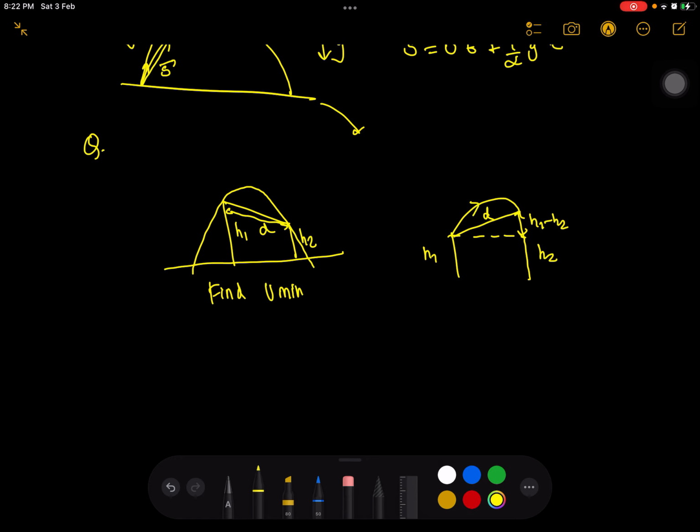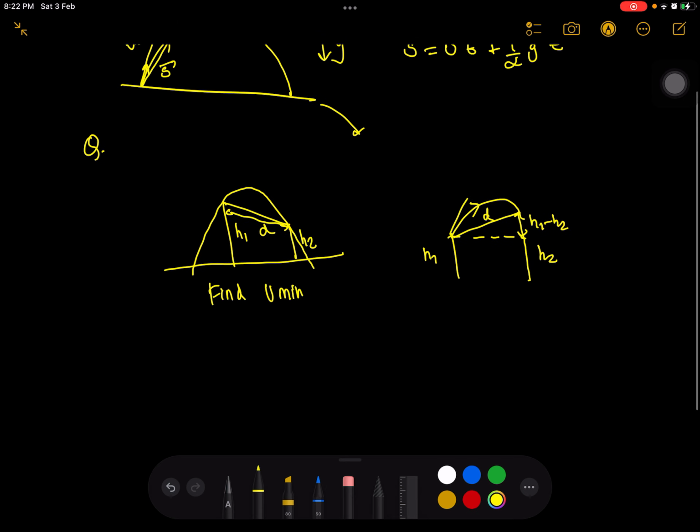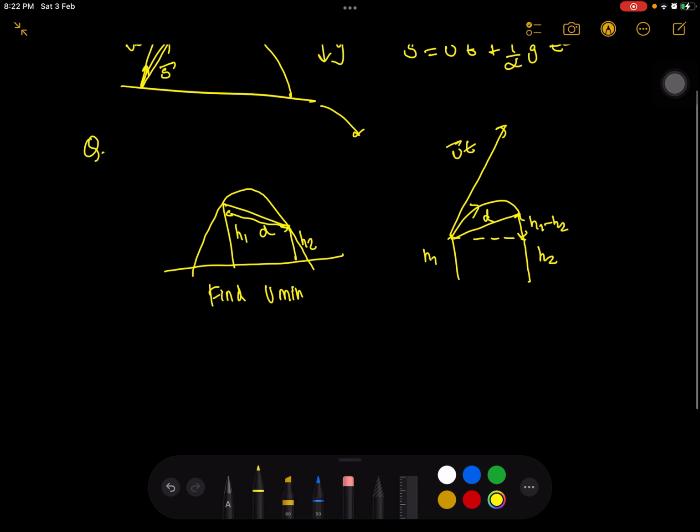Now if we do the vectors, the first one is u t. This from the ground was v0, let's take this as u. And now there's the other vector, which is half g t square. Let's take this angle as alpha.